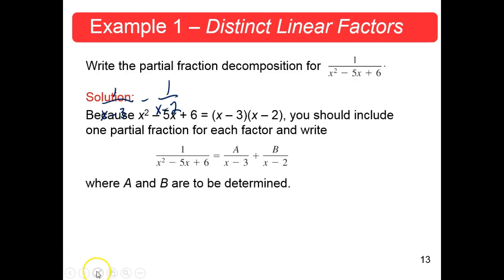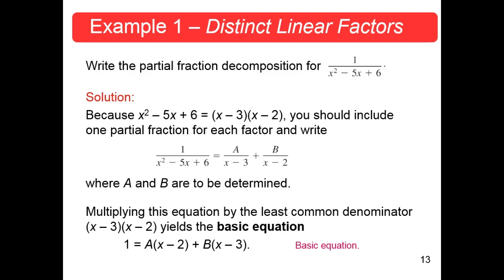So if I can get it to erase. Okay. First, they factored the denominator, just like we did. And then we did one partial fraction over the first factor, and another partial fraction over the second factor. A and B, we're going to figure out. How do we figure them out?